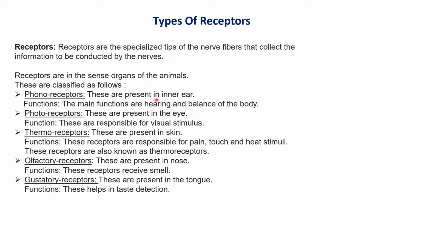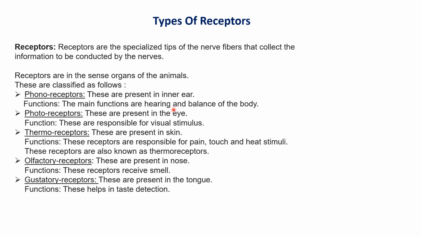Phonoreceptors are present in the inner ear. We have done the inner ear diagram last year in physics, right? So there are certain phonoreceptors in the cochlea, and even in the inner ear. These receptors are for balance of the body and for hearing.